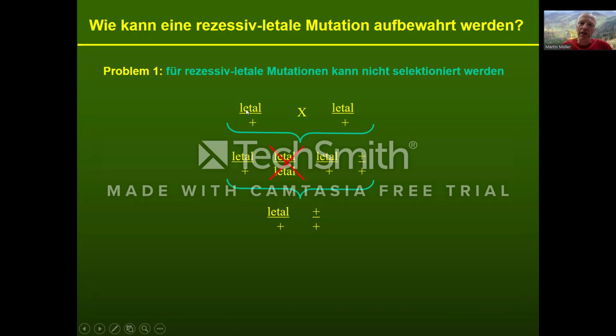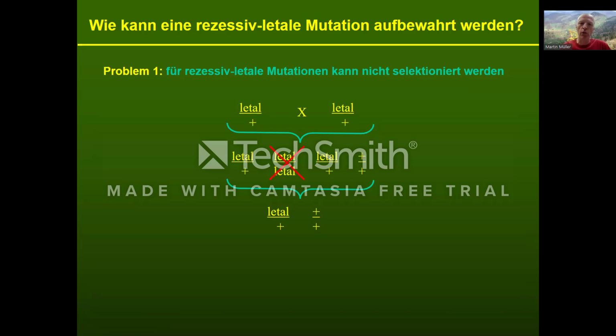So let's assume that you are crossing two heterozygous flies, and Mendel says that there are three classes: the homozygous wild type, the homozygous lethal, and they die, and again the heterozygous lethal individuals. But again, you cannot identify them. These here die because they are embryonic lethal.